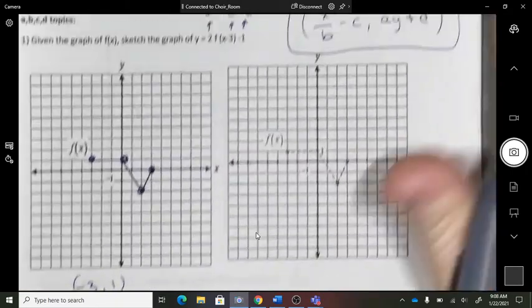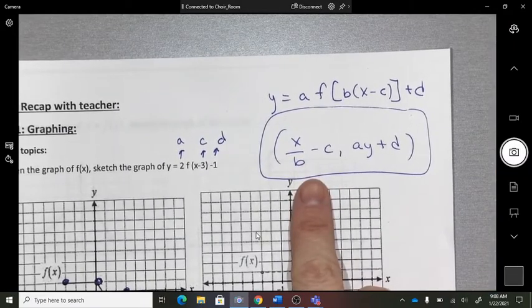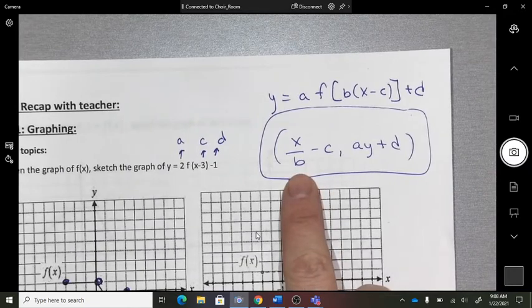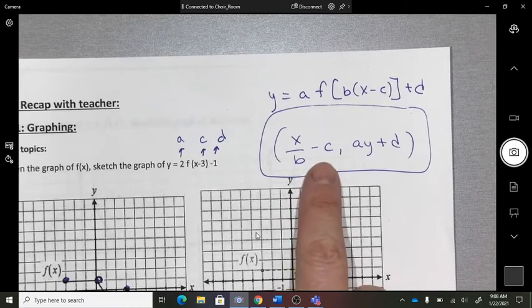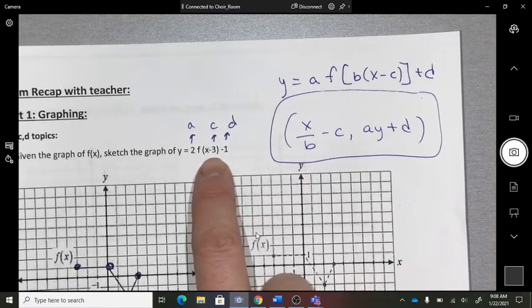Okay, now we need to make a coordinate equation. I don't have a B, so I have to do something with this C. What does this physically do? Do you remember that? Are you moving left or right? Right.